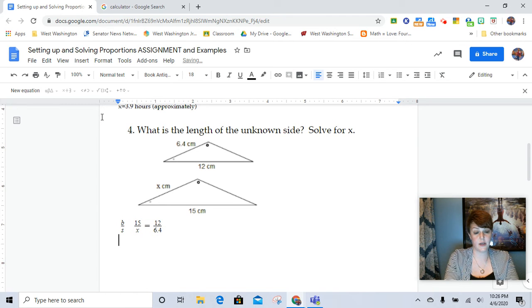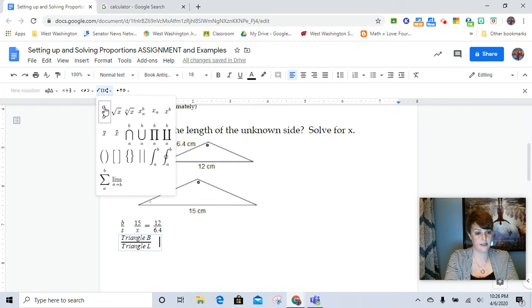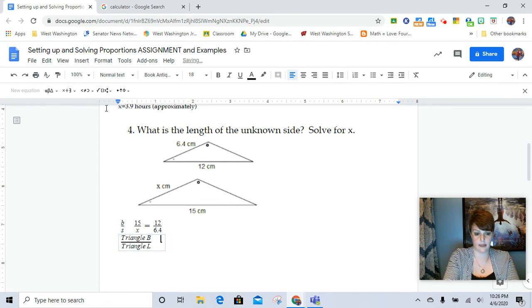Now, I am going to show you a couple other ways to set this up. We could do everything on the big triangle. So we'll call the big triangle triangle B, and we'll call the little triangle triangle L. Okay. Oh, no wonder. I forgot. Man. Okay. Right. And so that's going to give us, no, that's wrong. 15 is the big side on the big triangle.